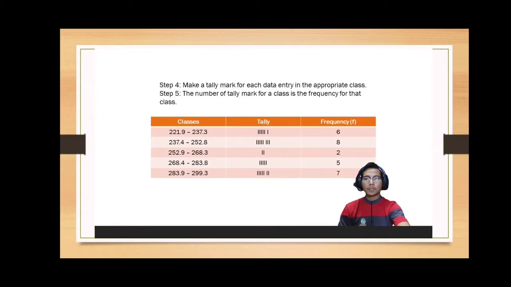For the column of classes, just put the upper and lower limit for each class. The tally will show the number of frequency, which is the first one 6, second one 8, third one 2, fourth one 5, and fifth one 7. So the bar shows the number of frequency.